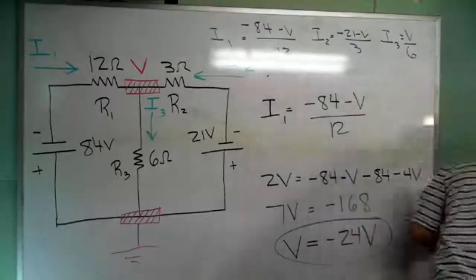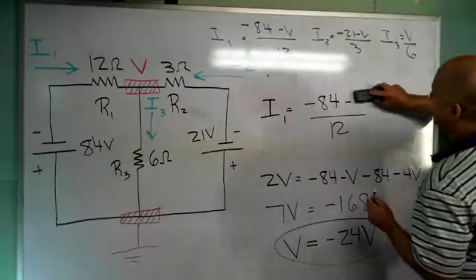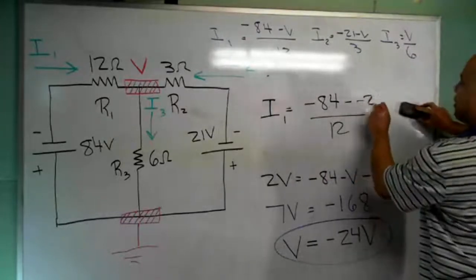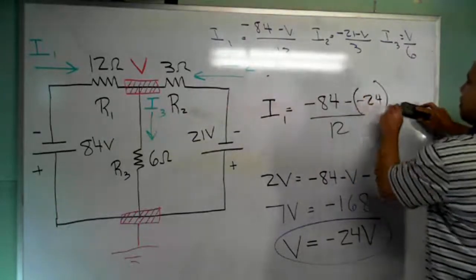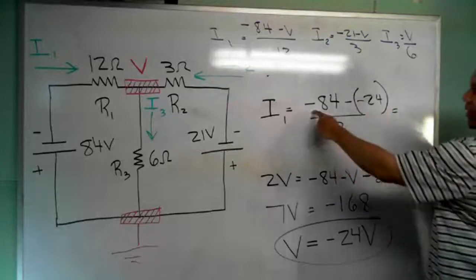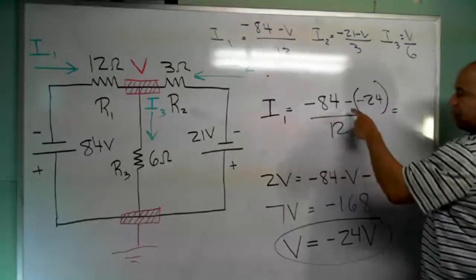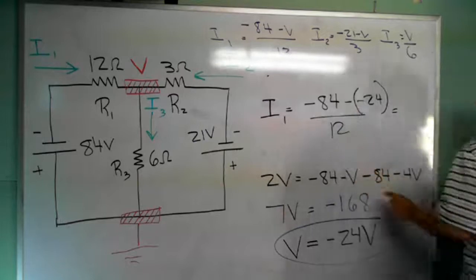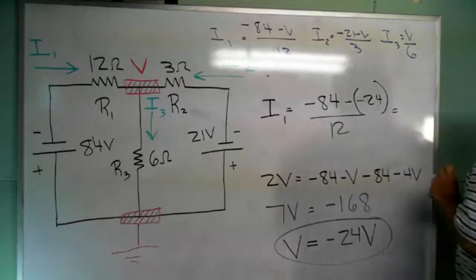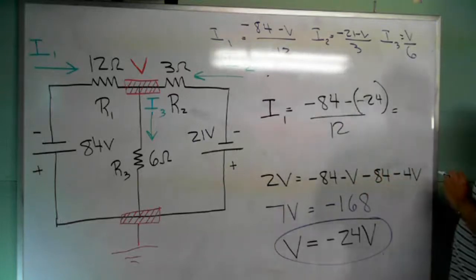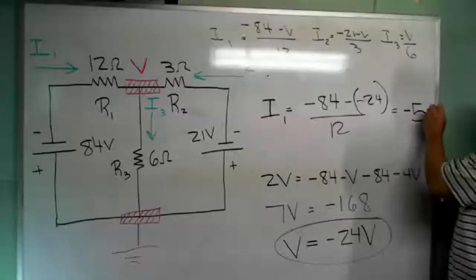Well, now we know that V is minus 24. So what do you get when you take negative 84 plus 24 divided by 12? What do you get? 5. Yeah, I got 5. You get negative 5, negative 5 amps.